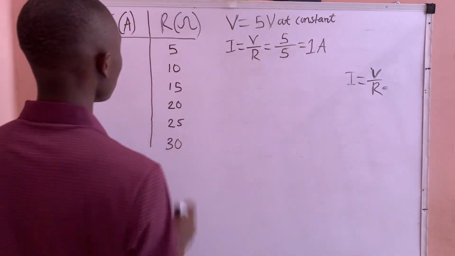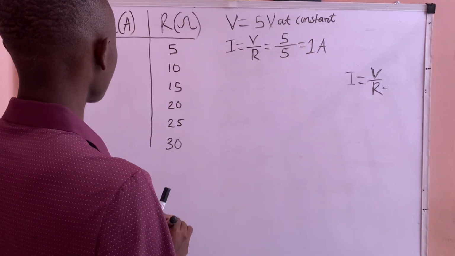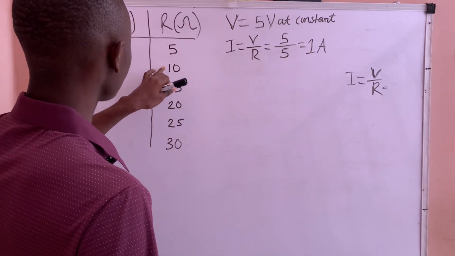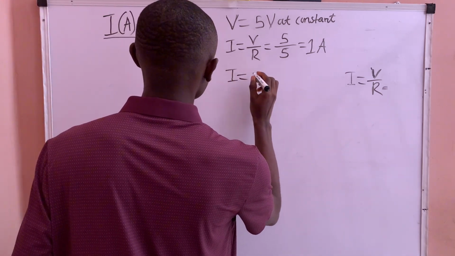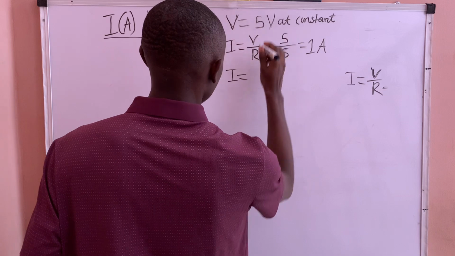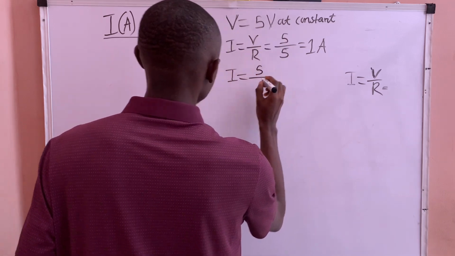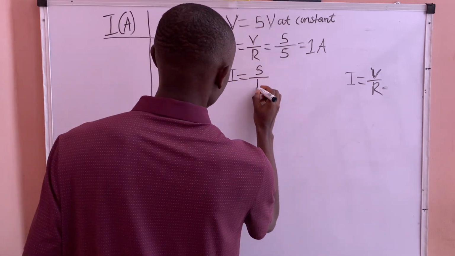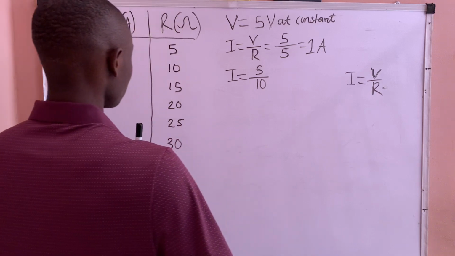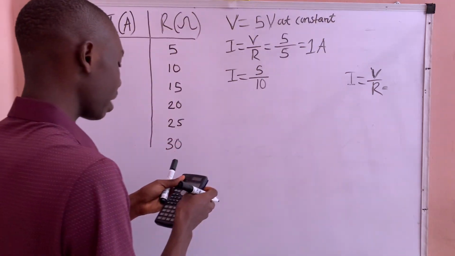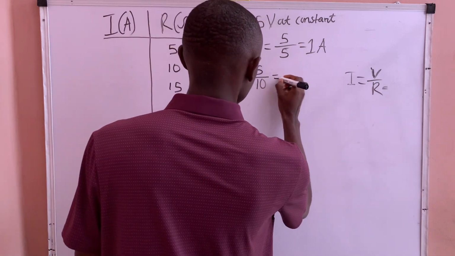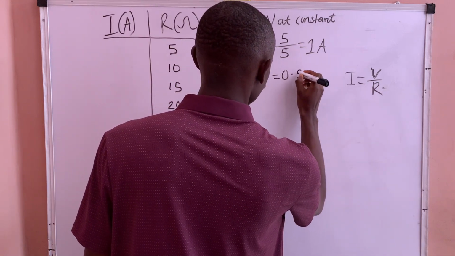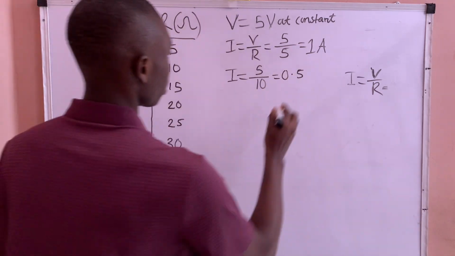That is the first one. When we increase the value of resistance by 10 ohms, I, the value of current, will be, remember, V is a constant, which is 5, divided by the value of resistance, which is 10. So 5 divided by 10 with my calculator is 0.5 amps.